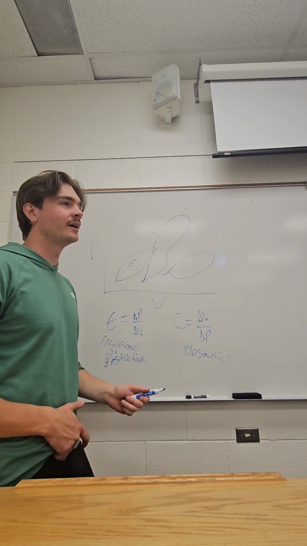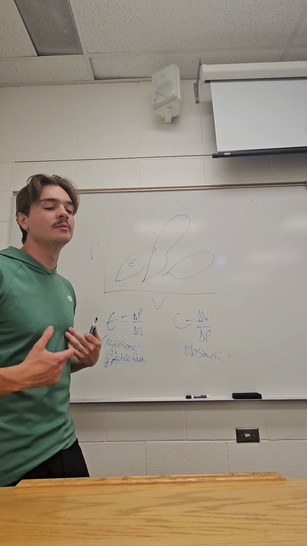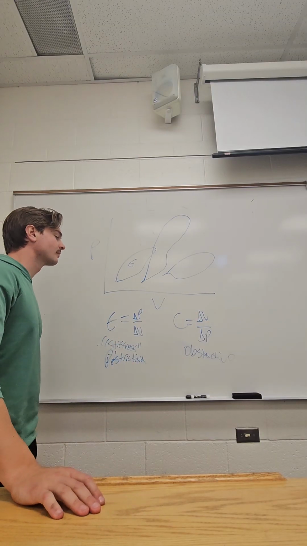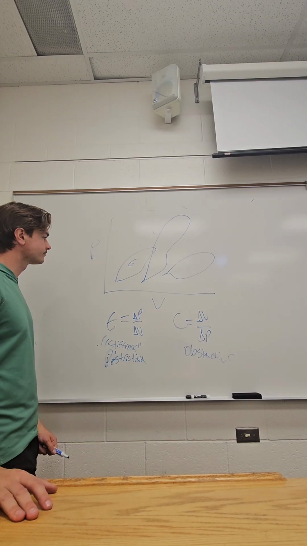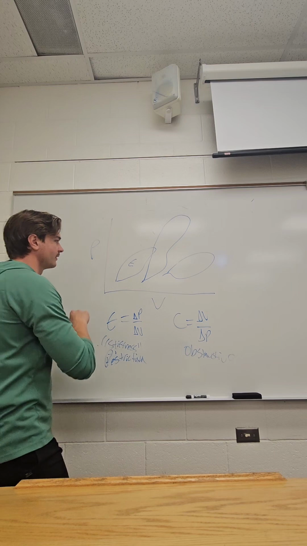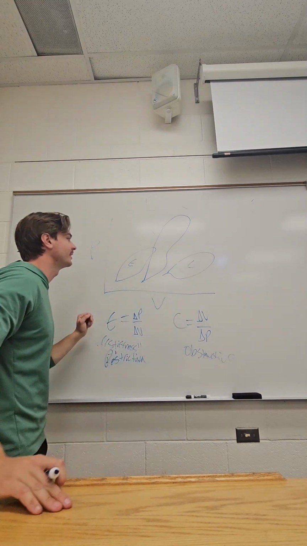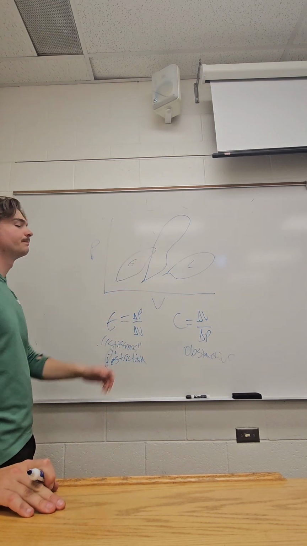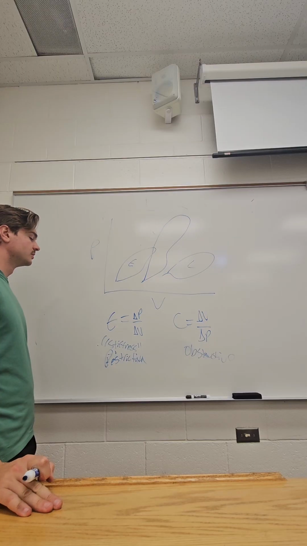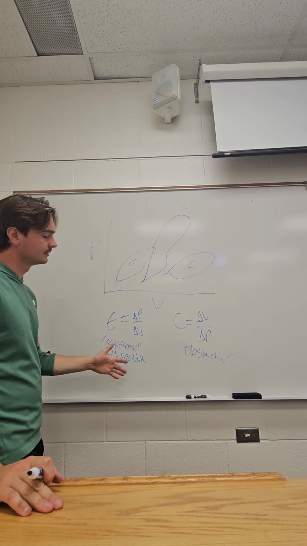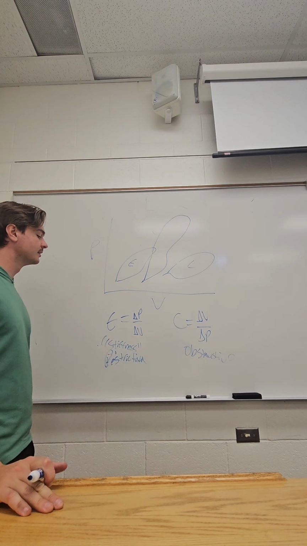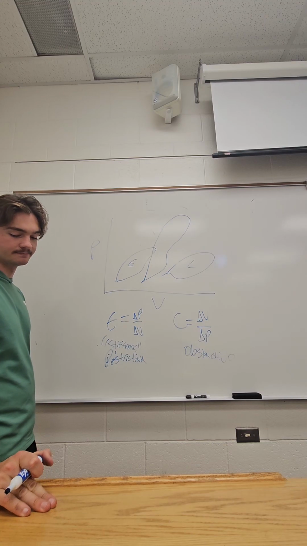It's a lot harder. That's why it's called obstructive. It's hard to breathe out, because my volume is so huge. This is an example of an elastic lung. This is an example of a compliant lung. And that's a normal one. So that's how elastance and compliance can affect your lungs.